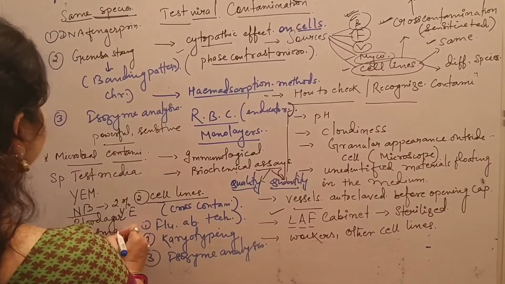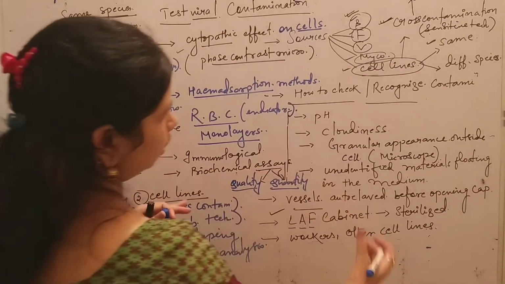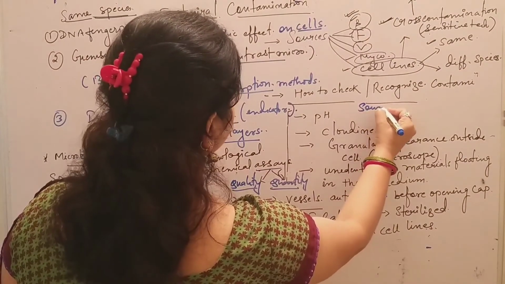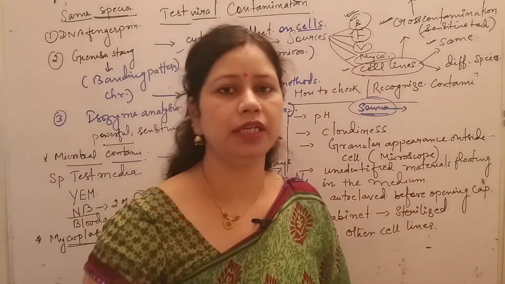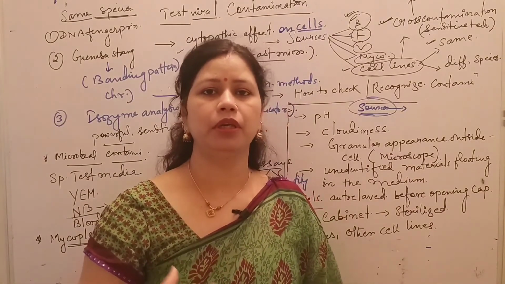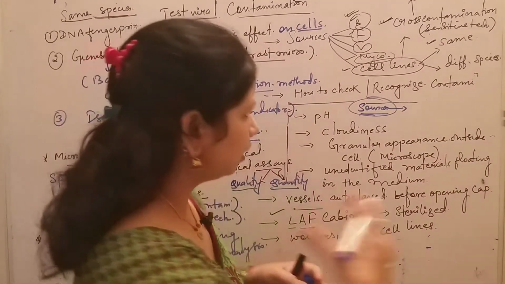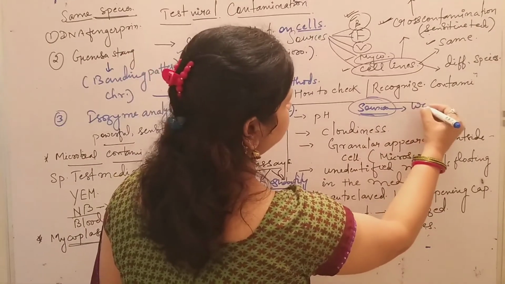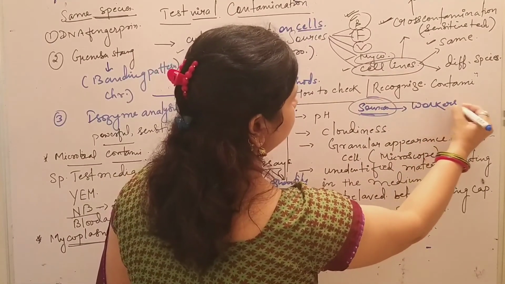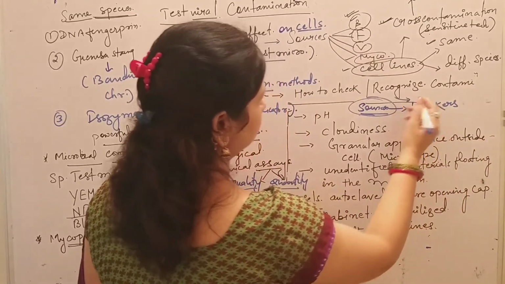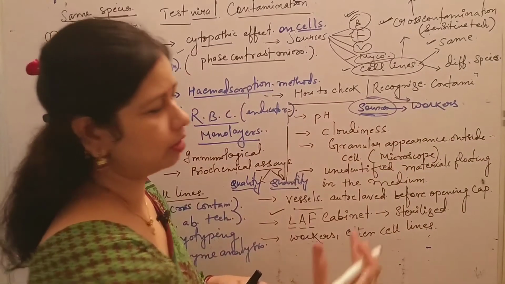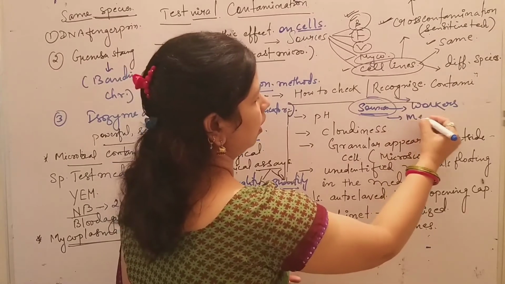What are the various sources of mycoplasma contamination? It can be serum, media, trypsin, or workers also. Workers can be a good source of mycoplasma contamination.